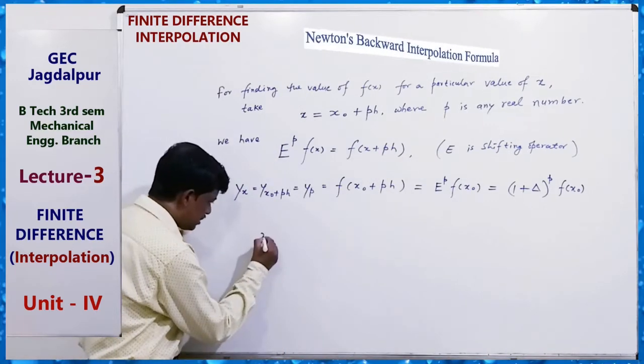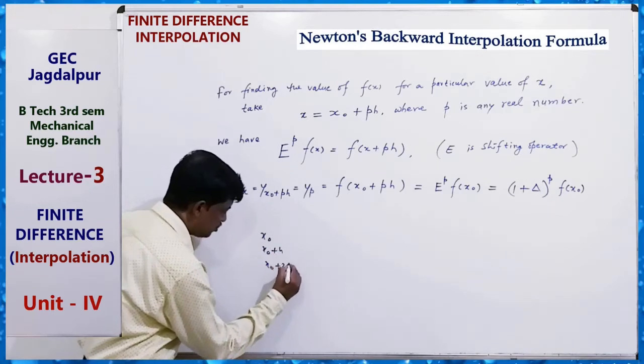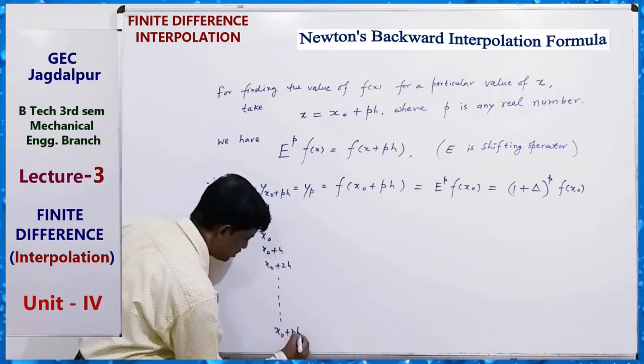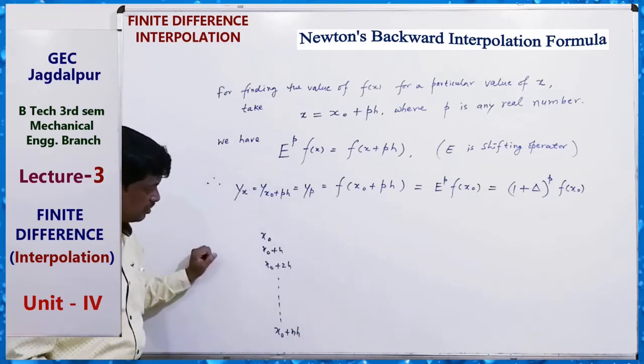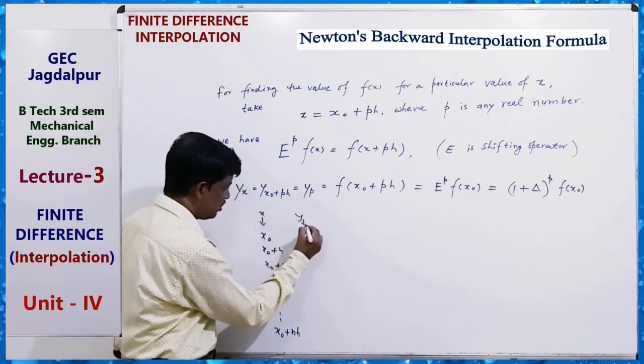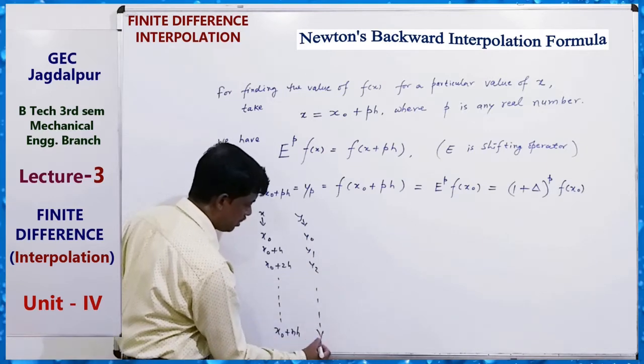The values are x0, x0 plus h, x0 plus 2h and up to x0 plus nh, suppose n values are there. Corresponding values of y are y0, y1, y2 up to yn.